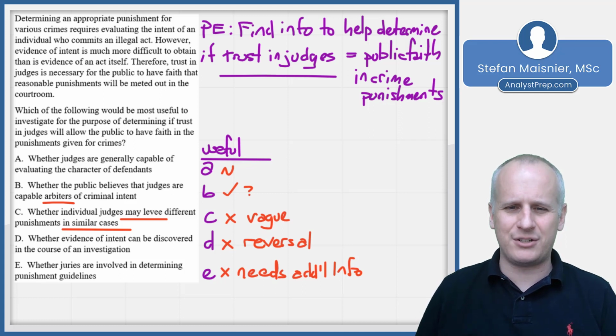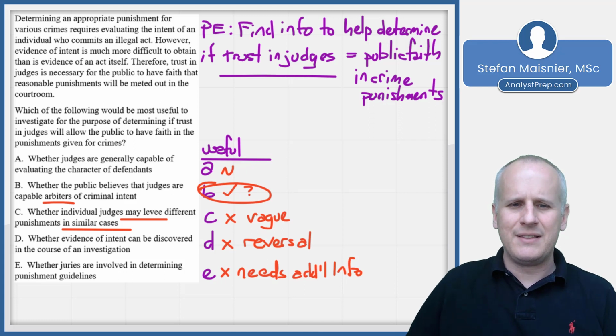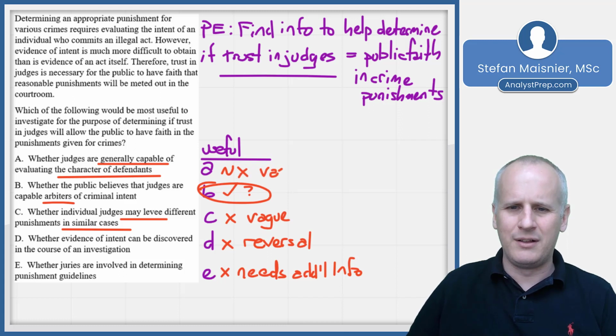But then we'd go back to choices A and B. And remember, by default, if we have the question mark and a squiggle as our only two markings, we're going to pick the question mark by default. But when we're down to two, we also want to seek specific actions and descriptions as definitive reasons to eliminate. And the terms generally capable and the character of defendants are just too vague as well.